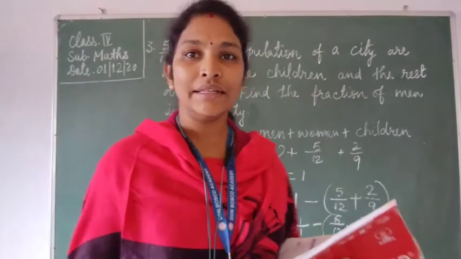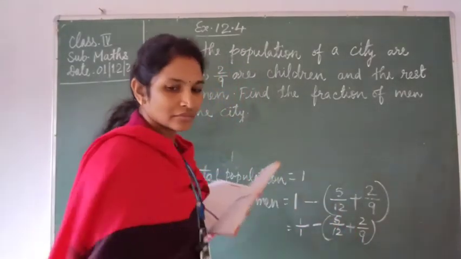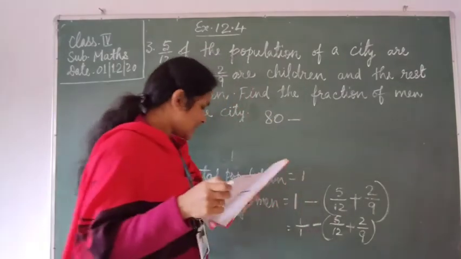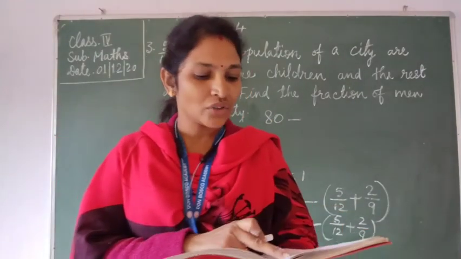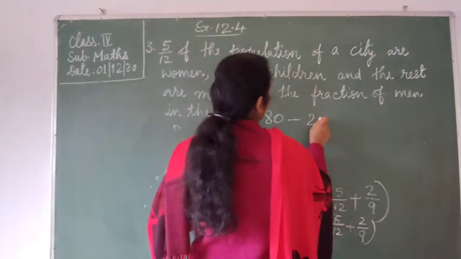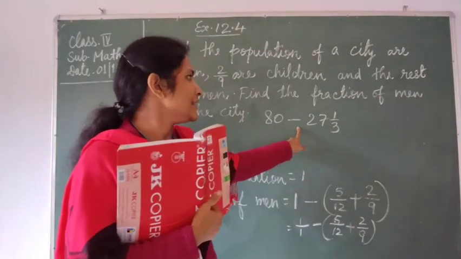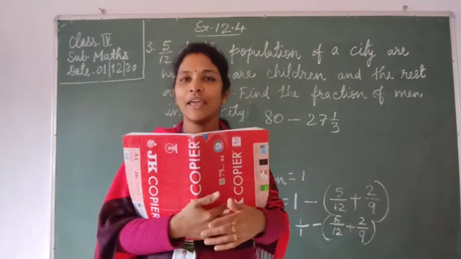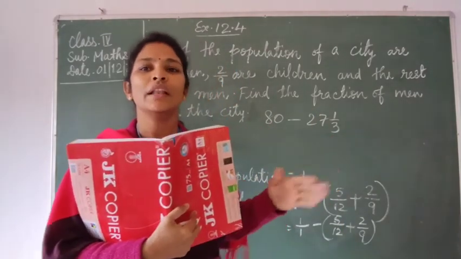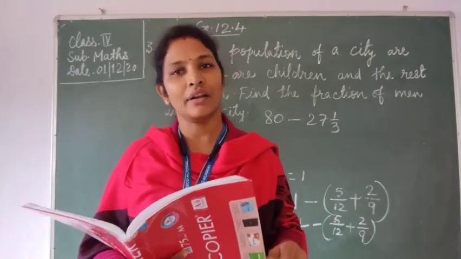That is 80 meters. 80 meters minus, we have to subtract the length of the thread which is used, that is 27 1/3. 80 meters minus 27 1/3. When you do this subtraction, you will get the length of the thread left in the reel.